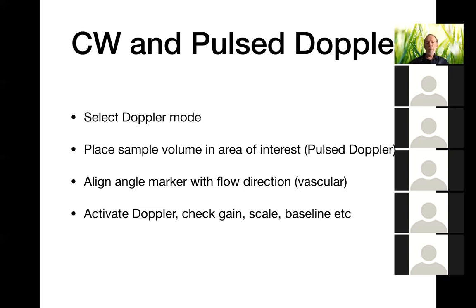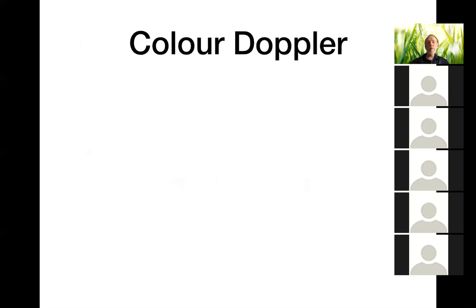You can then turn the Doppler on and check the major settings, so make sure the gain is appropriate, the Doppler display scale and baseline position are correct, and so on. You can then freeze the waveform, make measurements from it, etc. With color Doppler, you select the color Doppler mode and a color box will then appear in the image. You can then position that, change its size.